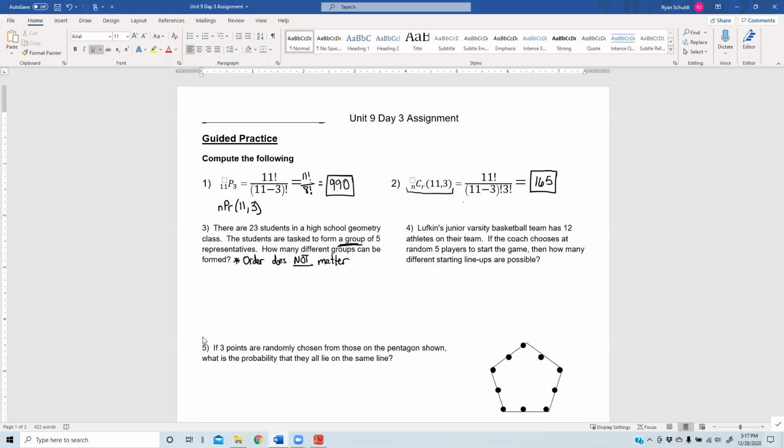And can one person serve multiple positions in this group? It doesn't say, but we're going to say no, they can't. So we're doing it without replacement, which means this is a combination.